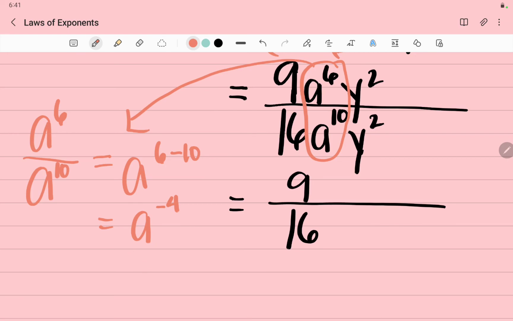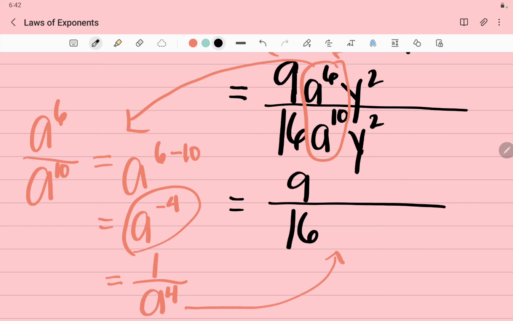Remember, we get the reciprocal if the exponent is negative. So, that is 1 over a raised to 4. I will no longer write 1 there, because 1 times 9 is still 9.